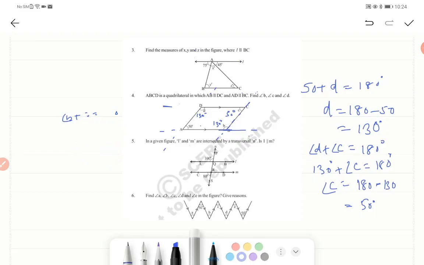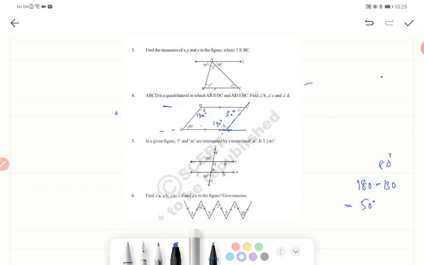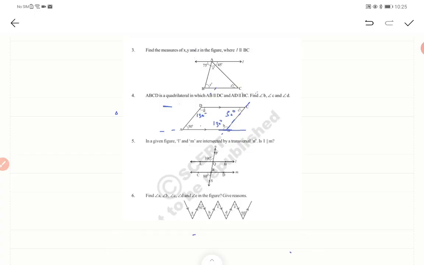Let's see the fifth problem now. All the problems are very easy, so you can handle them very easily and systematically. Now in the given figure, L and M are intersected by a transversal line N. Is L parallel to M?